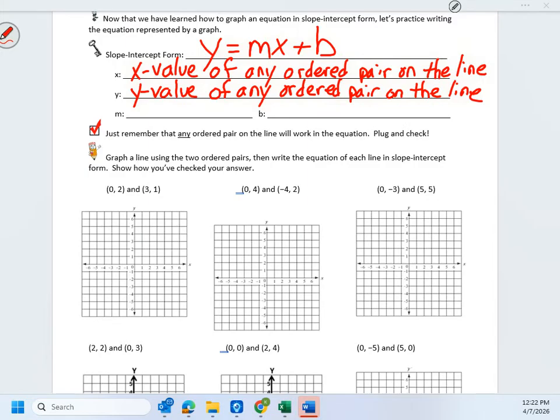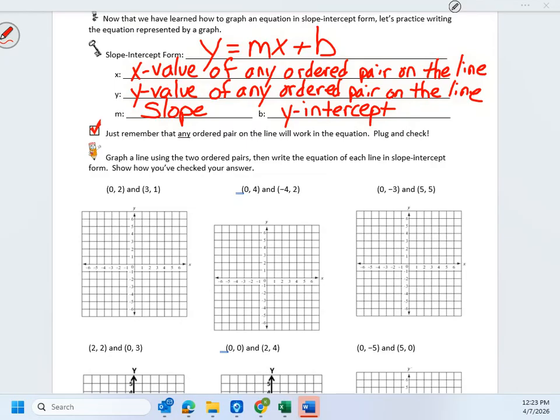What does the m represent? Elliot. The slope. Remember, that's how the line moves across the coordinate plane. So that m is how it moves, the slope. What is the b? Gavin? The y-intercept. The y-intercept, it's where we begin. So that's how we get that b.